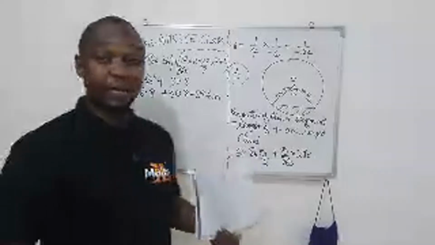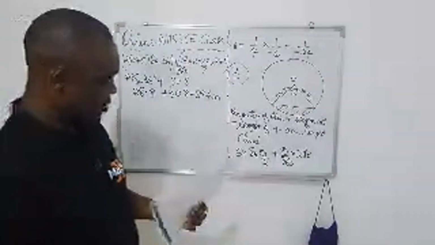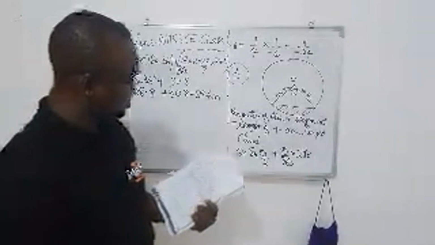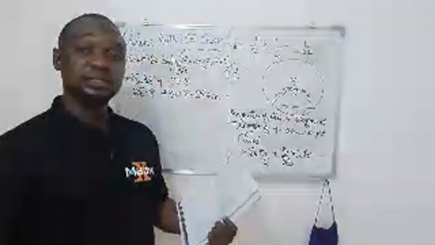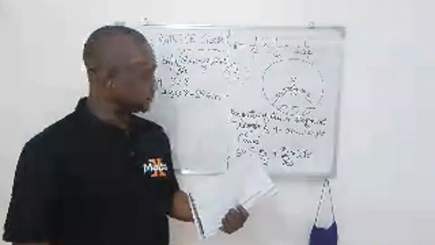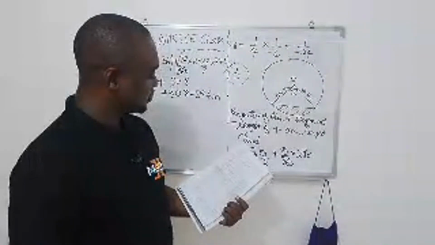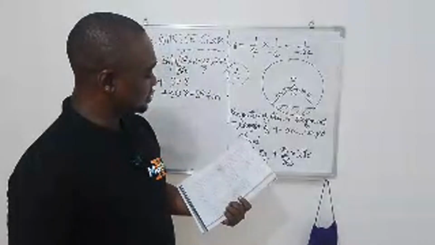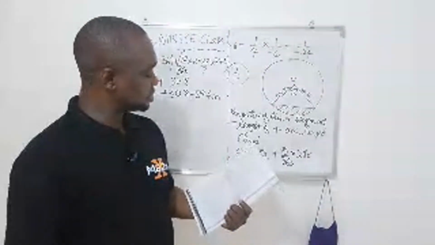For question four today, it says here in the diagram, BCDE is a circle with center A. The angle BCD is 2x plus 40 degrees.